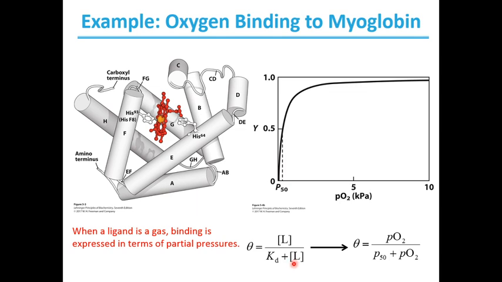Now, if we substitute L with O2, theta is equal to the concentration of O2 divided by Kd plus the concentration of O2.